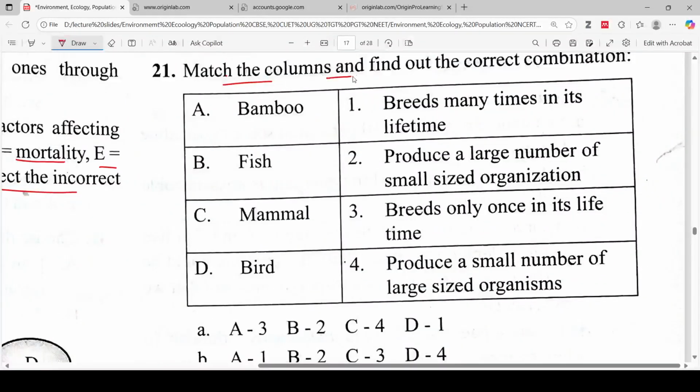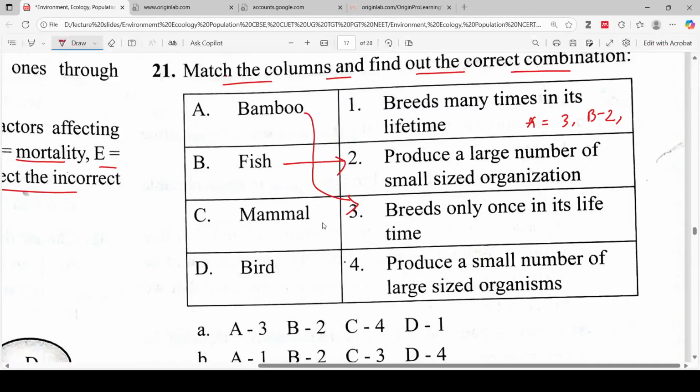Next question. Match the columns and find out the correct combination. So again matching. A matches with 3. Fish matches with produce a large number, B 2.